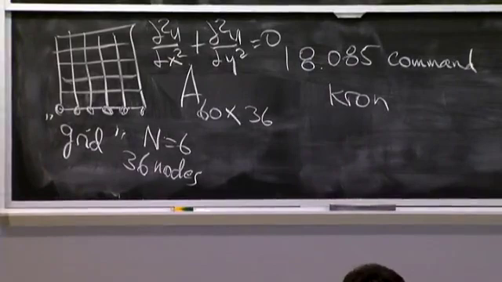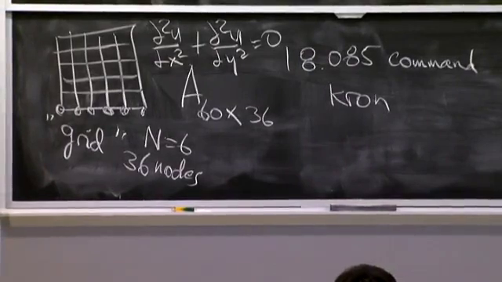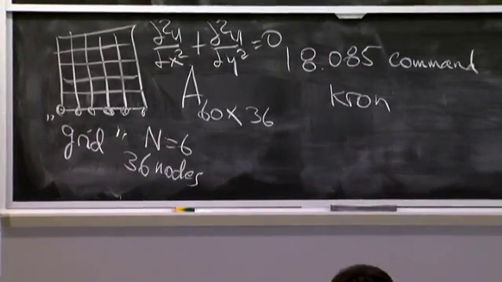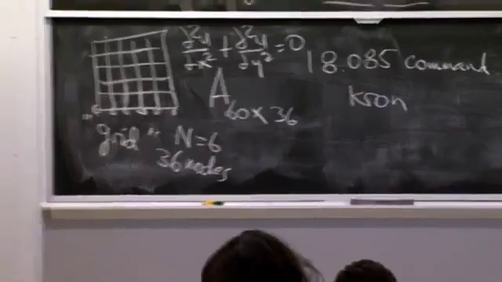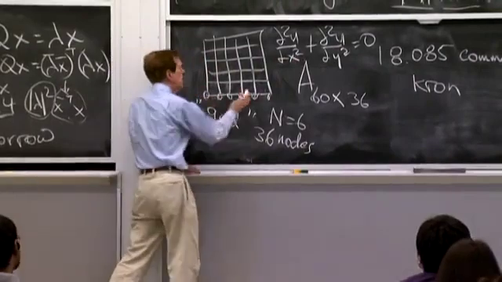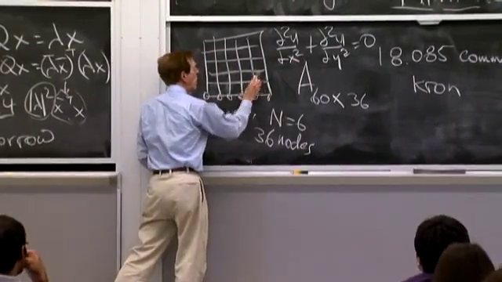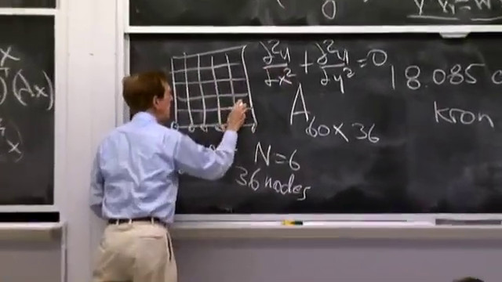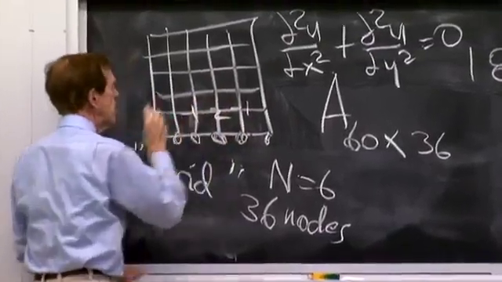And suppose I use finite differences. I want a matrix K2D that deals with this 2D problem. And let me just say what it would be. At a typical point, this x derivative is giving me a -1, a 2, and a -1.